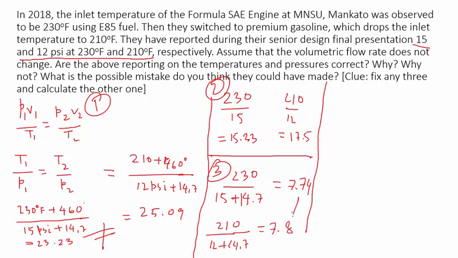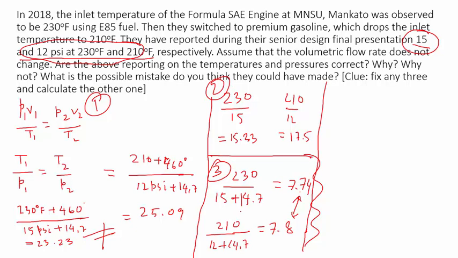So if they calculated all of these values out of a combination of the other three, then this is the possible thing they might have done, because in this case I have got the same ratio. So they probably did not convert this Fahrenheit to Rankine. They only converted the pressure.